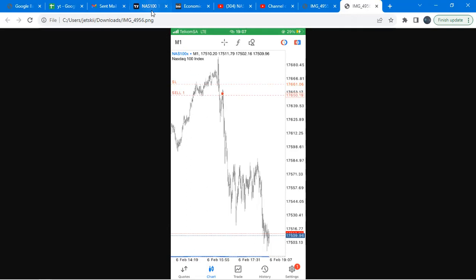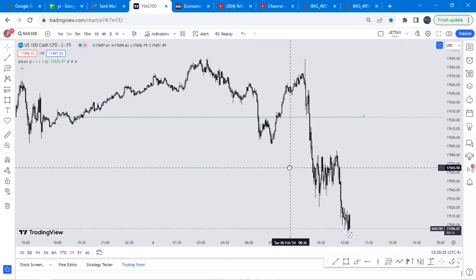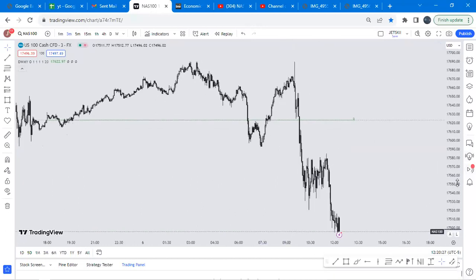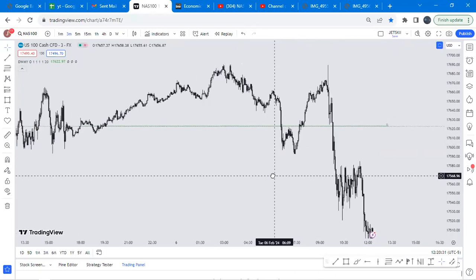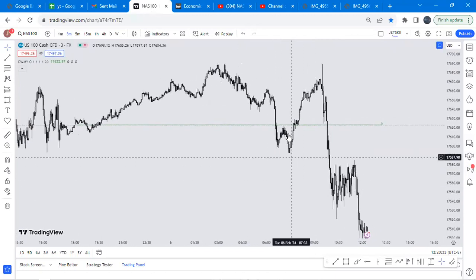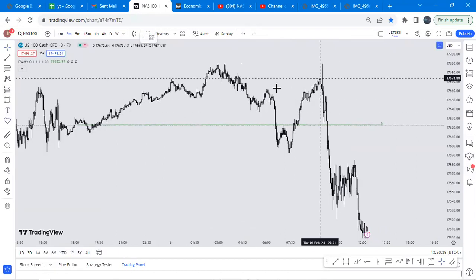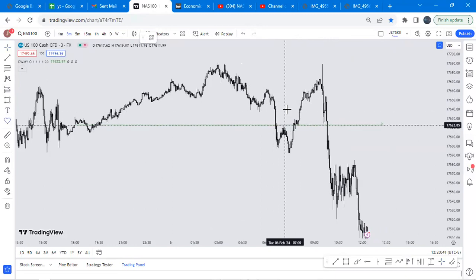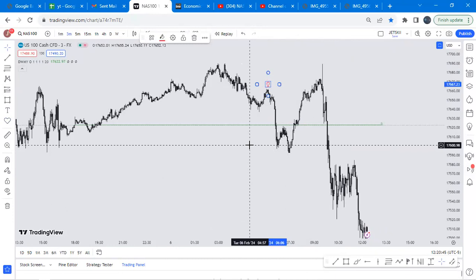So here we have Nasdaq, right? It's the 3 minute. So the narrative is actually what happens after the market runs the short-term high.